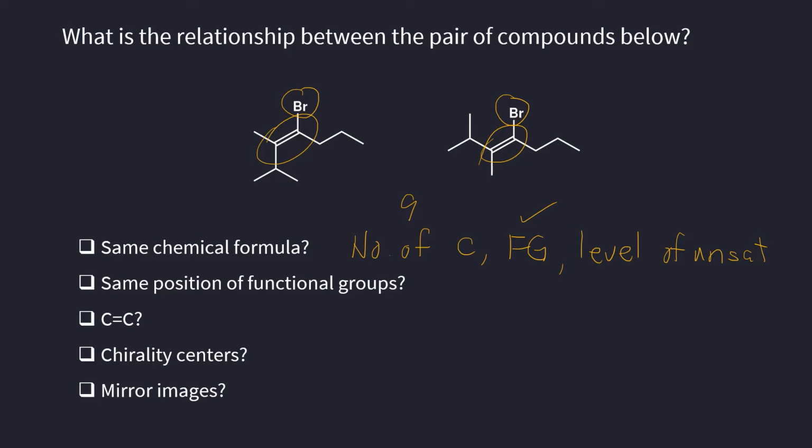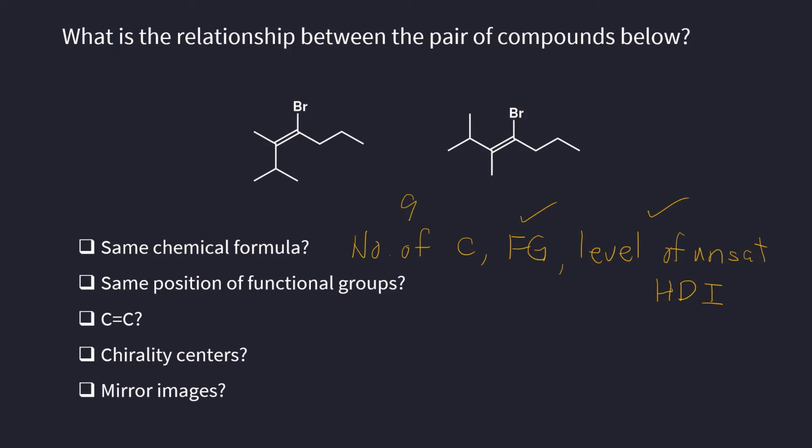For the level of unsaturation, we're basically saying, do they have the same number of double bonds and triple bonds? In this molecule, they both have 1 double bond, so they have the same level of unsaturation. You might know level of unsaturation as the hydrogen deficiency index, or HDI. And if they have the same HDI, then they have the same level of unsaturation.